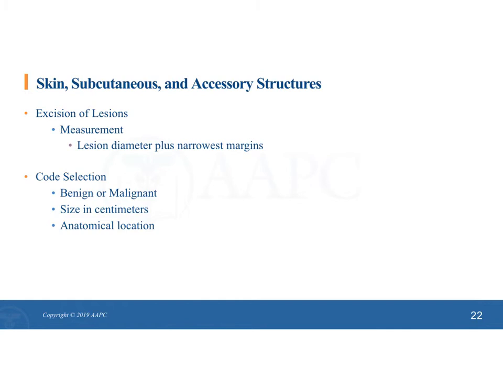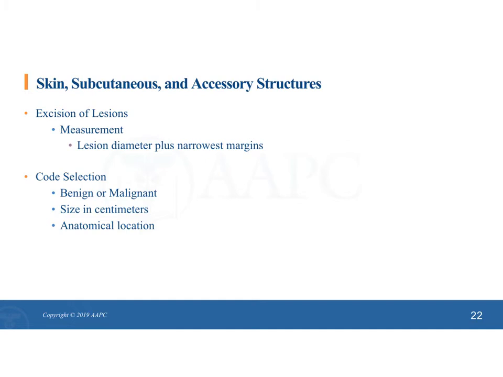An excision is defined as a full thickness removal of a lesion, including margins, and includes simple non-layered closure when performed. Code selection is based on whether this lesion is benign or malignant. Code is also selected based on the size of the lesion in centimeters and where on the body it is located. Report each benign or malignant lesion excised separately.